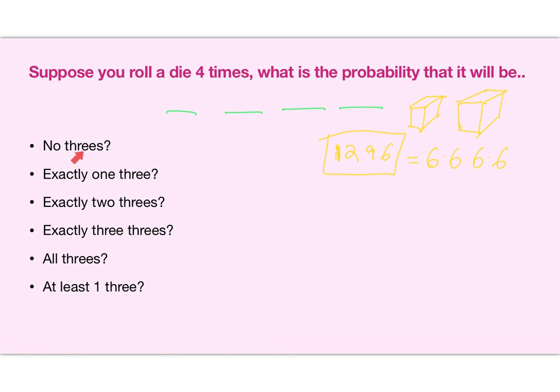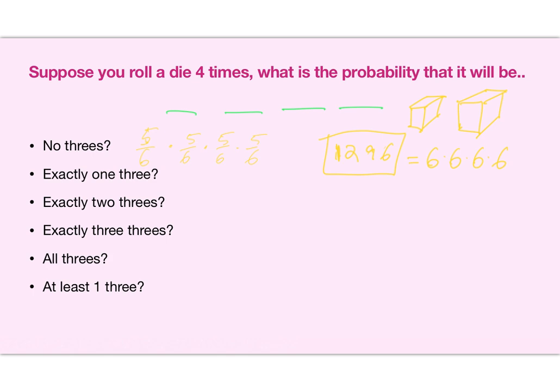There's a 1 in 6 chance of getting a 3, so the chance of not getting a 3 is 5/6. The probability that the second one is not a 3 is 5/6, and again 5/6. So 5 times 5 times 5 times 5 over the 1,296, that's the probability of having no 3s.